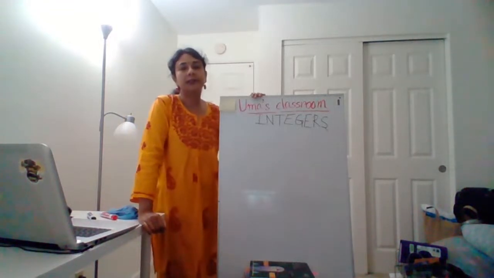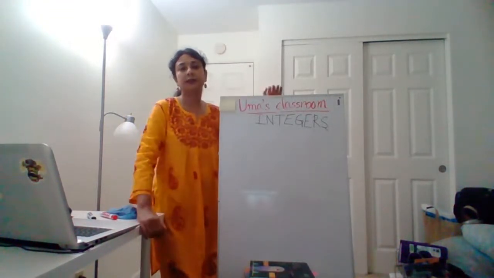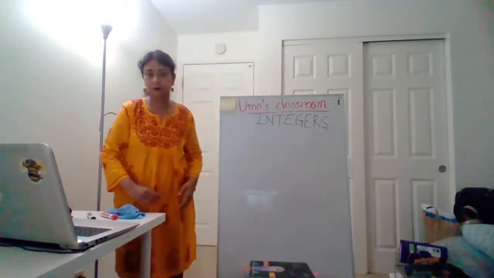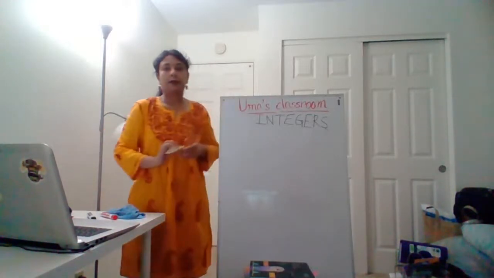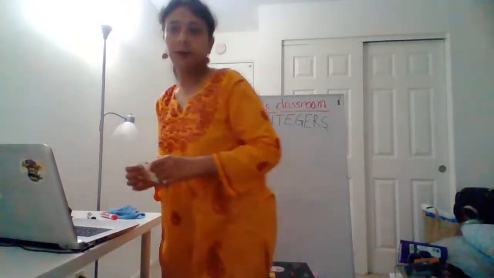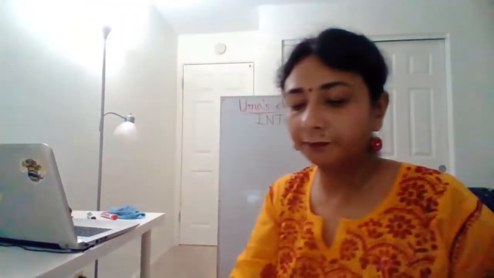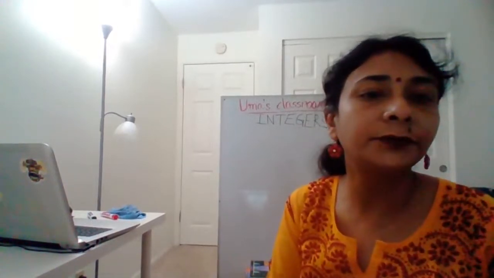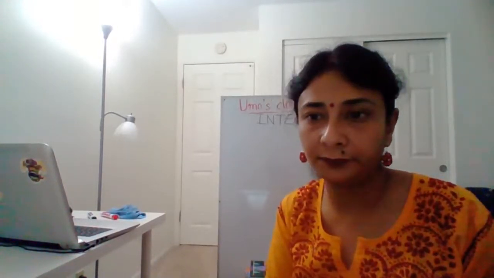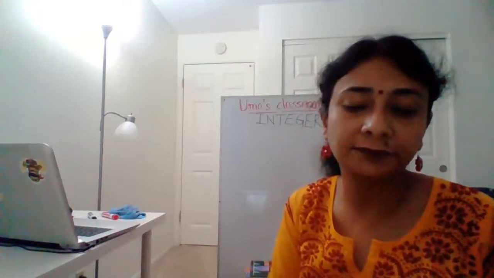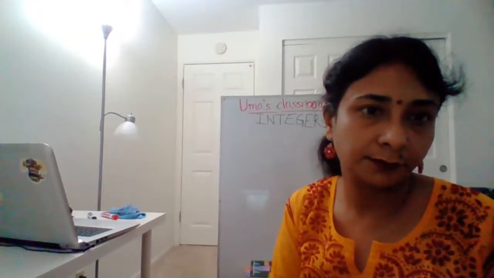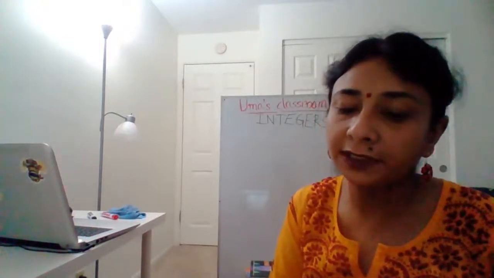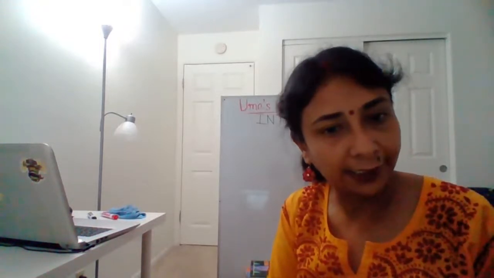Next type of question, suppose a group of integers are given to you and you have to find out the odd one out. Please note down the group of integers. The first group is -2 and +24. Second group of integers, -3 and +10.